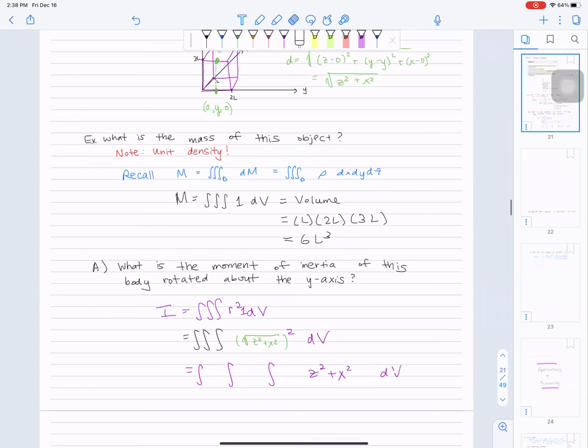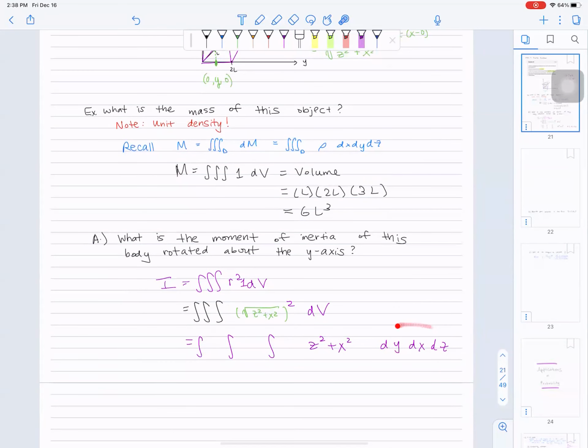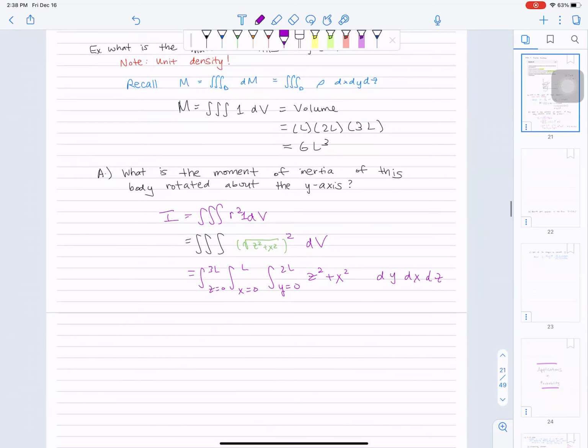So if I wanted to do, let's say, dy, dx, dz, it doesn't really matter what order I do them in. I can write the bounds as their lengths: y went from 0 to 2L, x went from 0 to L, and z went from 0 to 3L. This is a very long integration, so I will let you look at it in my notes.